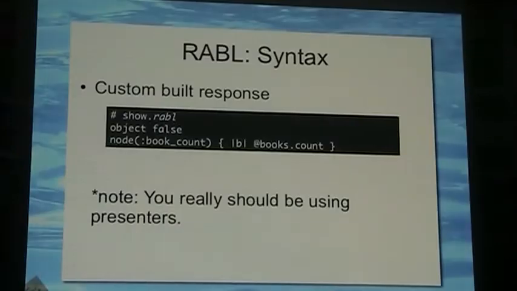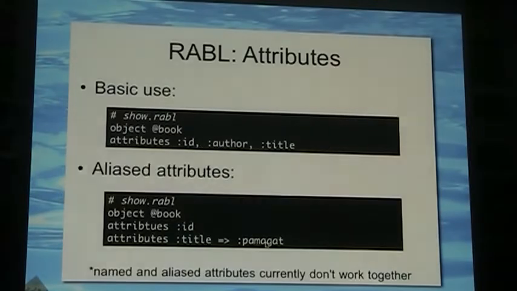So each child has it. But you really should be using presenters as a node for anything complicated. Yeah, but that's preference. You can actually just go for RABL, skip the presenter thing altogether. You will be testing it in the RABL way though, which I'm not really fond of.